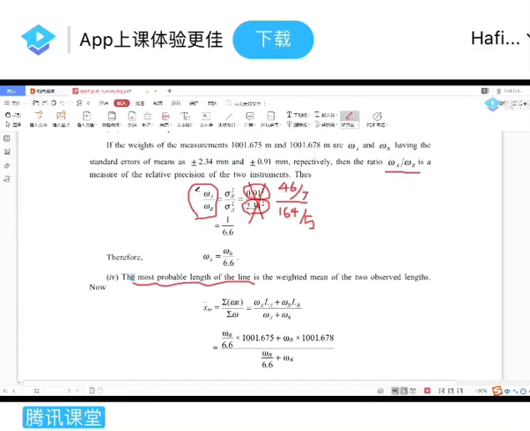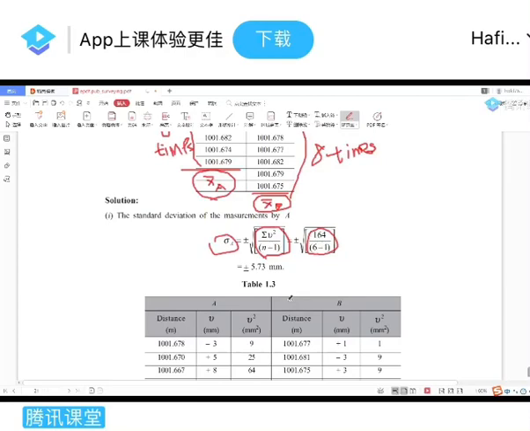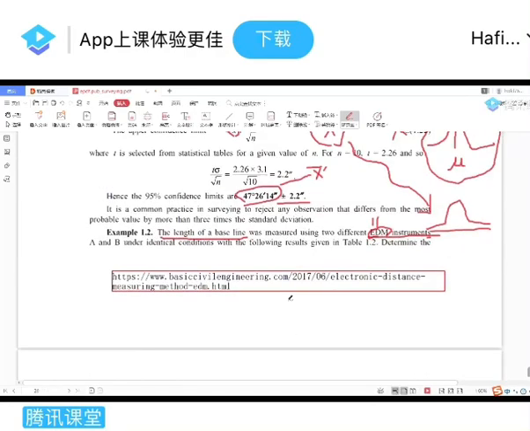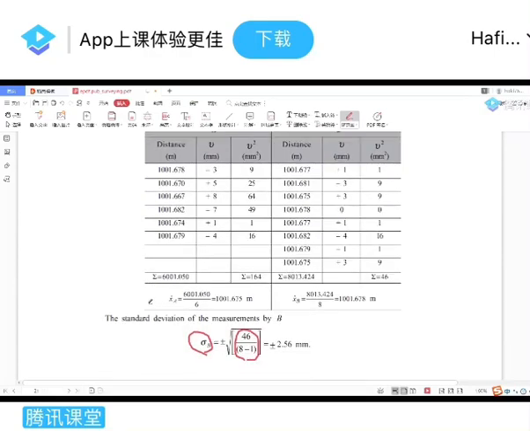Okay, so you have weight A, weight B. And how about length A, length B? Length A, length B is your mean. He is writing something without explanation at all. So this is your LA in his approach.